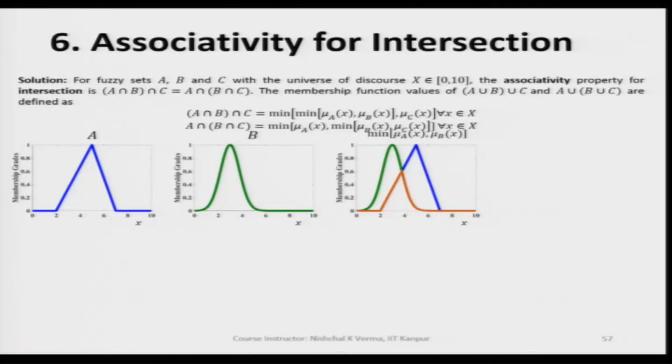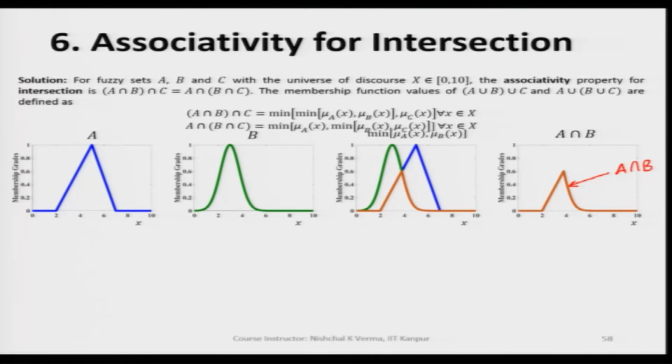So, A intersection B is here. This is what we are getting as a result by applying the min condition. This is a fuzzy set which, just by looking at it, we can say is a subnormal fuzzy set.